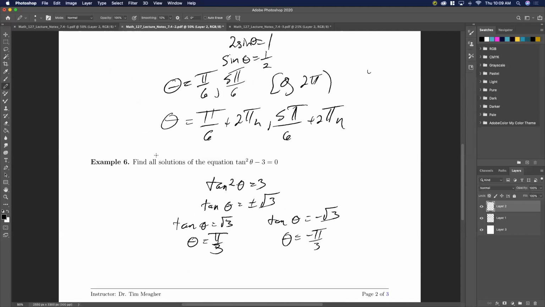So we have these 2 values. Since this is tangent, to get our final solutions, we just need to add pi n to each of them, and then we're done. I'll leave this up for a second, and we'll go to the next one.